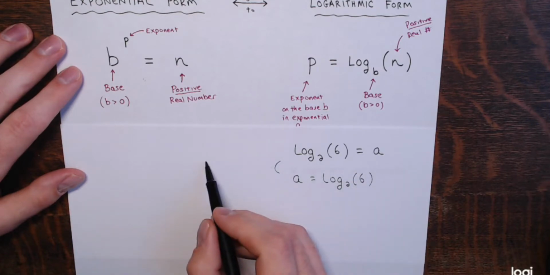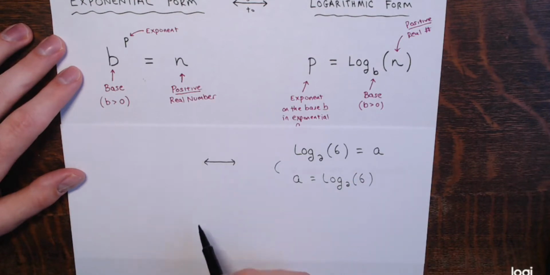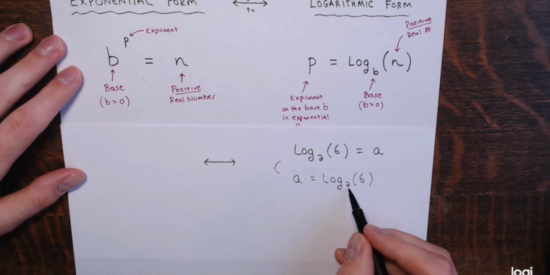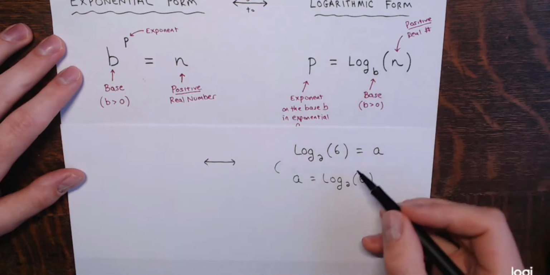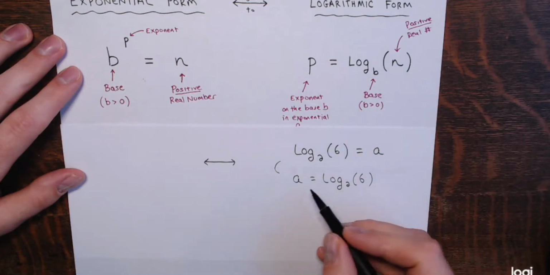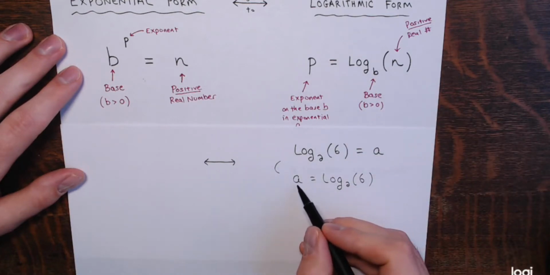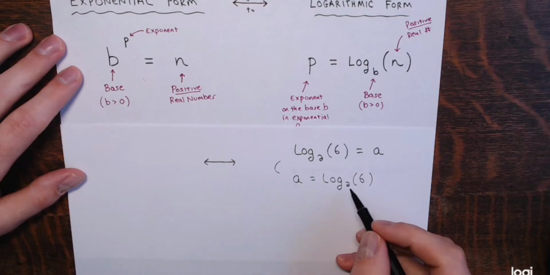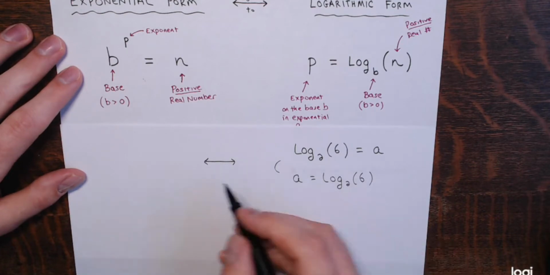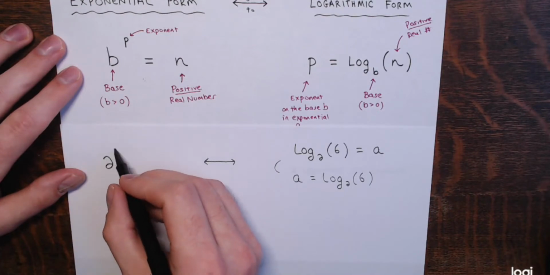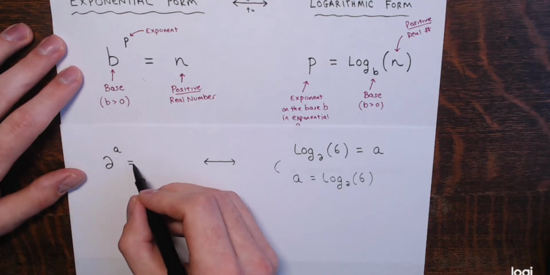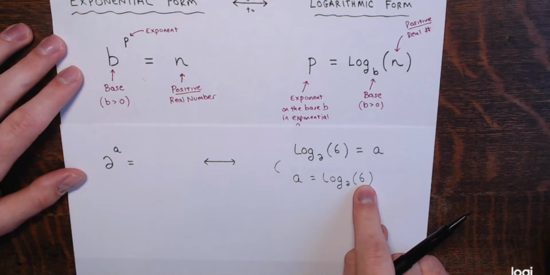And when you're changing it to exponential form, remember the little number under the log is the base. So that's base 2. The number the logarithm is equal to is the exponent. Right? Logarithms are equal to exponents. Logarithms are exponents. Exponents are logarithms. So 2 to the a power equals, and then the input, the number inside the logarithm, equals 6.